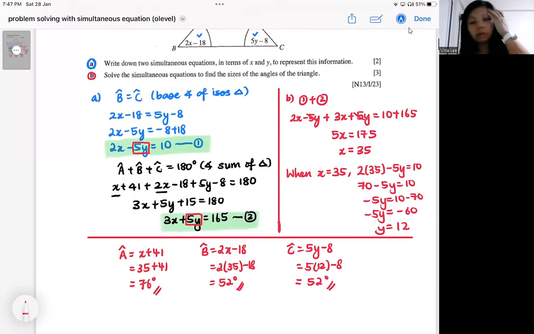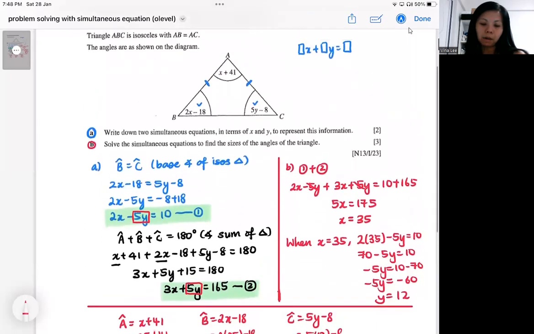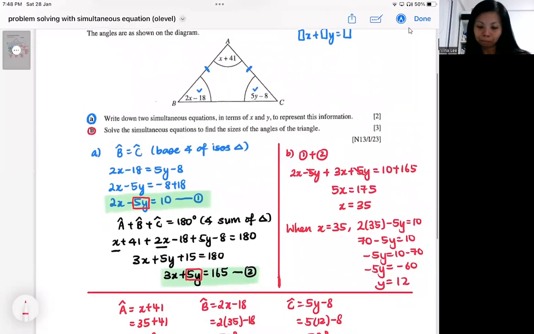When you get these three answers, you can check whether it makes sense or not. All three answers add up to 180 degrees. And also, you managed to get two same angles, which matches the concept of the isosceles triangle.